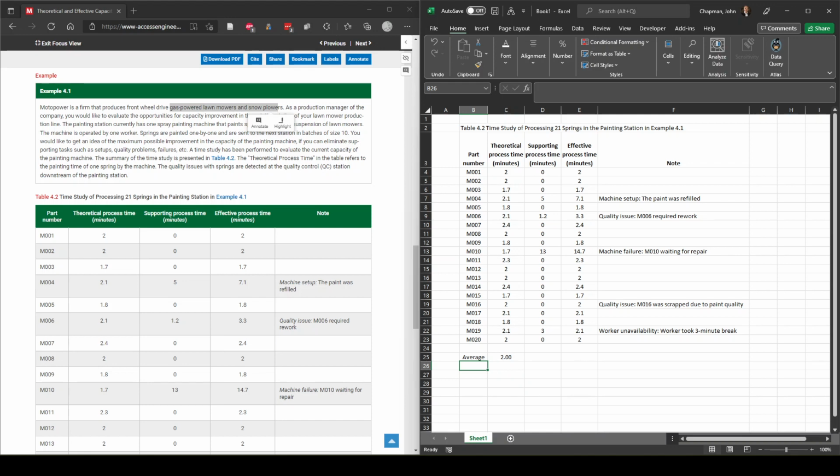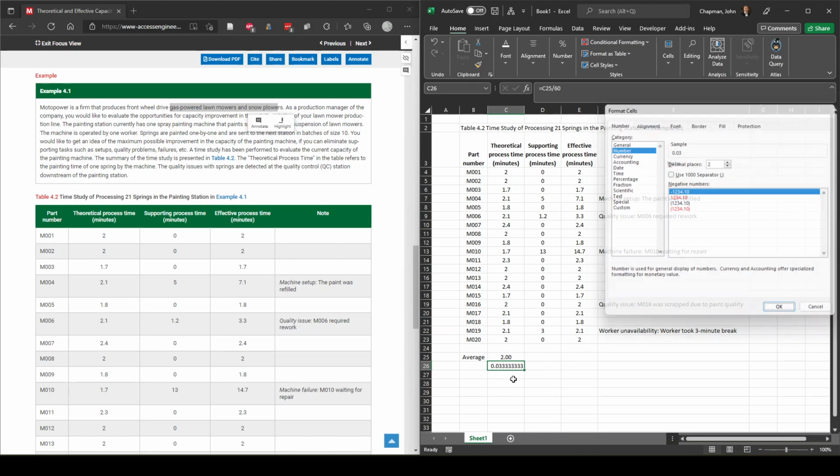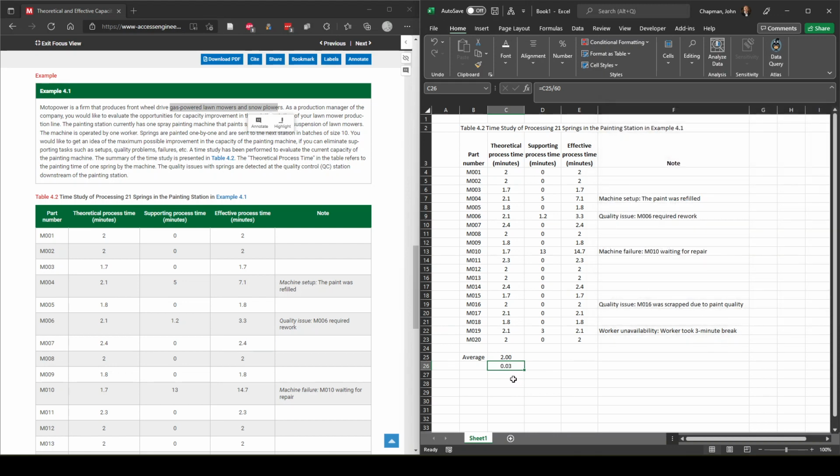And how do we do that? We simply calculate 2 divided by 60. So let's do 2 divided by 60, and that gives us the hours per spring. How much time it takes for each spring, but in terms of hours. And let me put this in 2 decimal places here.